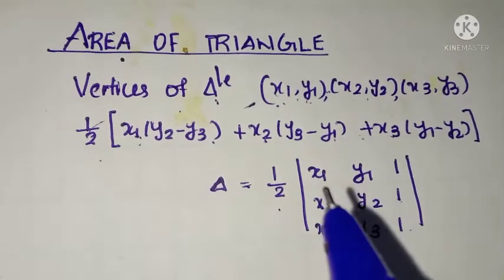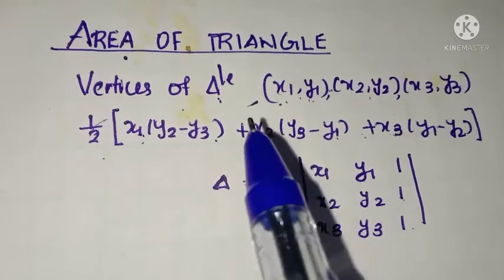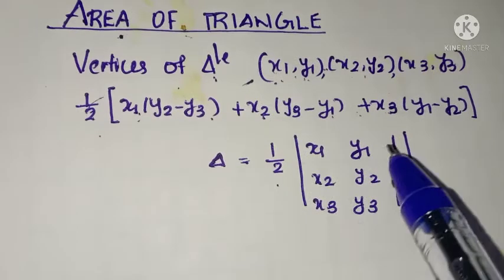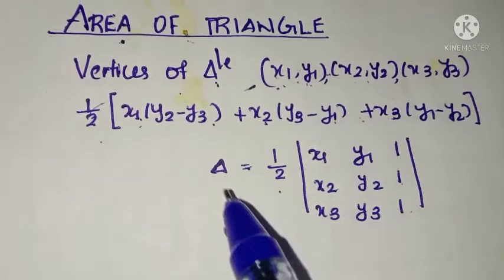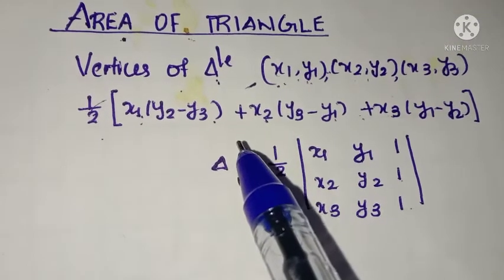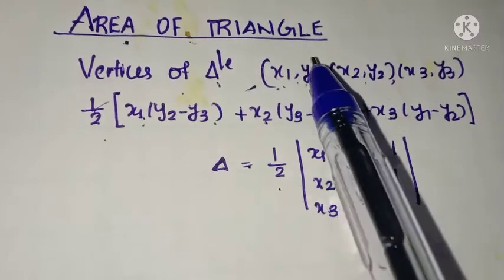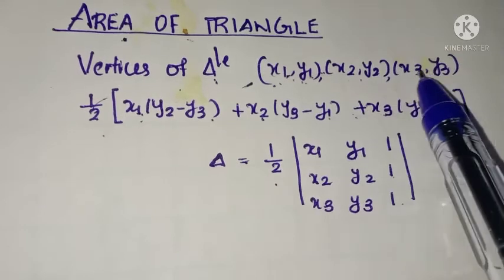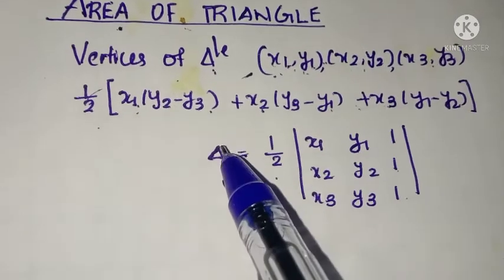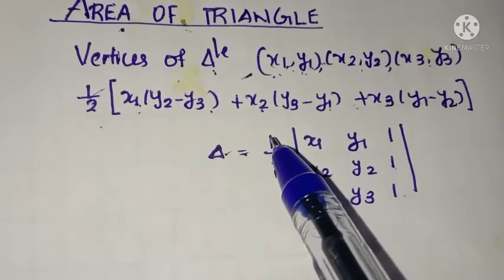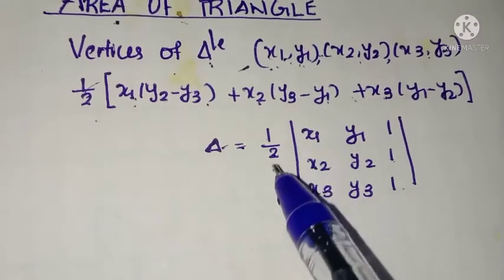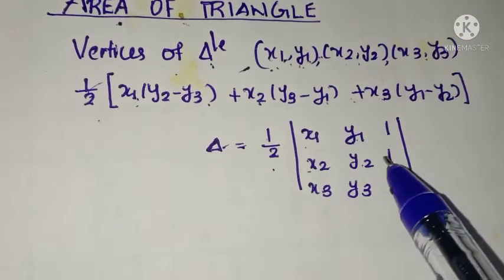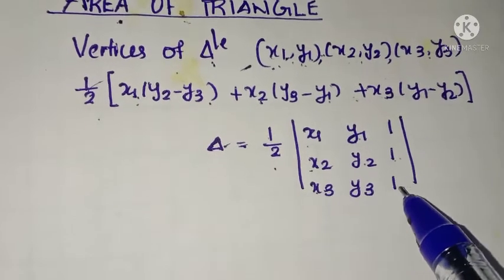So, in this session, we are going to discuss how to find the area of a triangle using determinants. Learn by heart this formula: the area of a triangle whose vertices are (x1, y1), (x2, y2), (x3, y3) is half into the determinant with rows x1 y1 1, x2 y2 1, x3 y3 1.